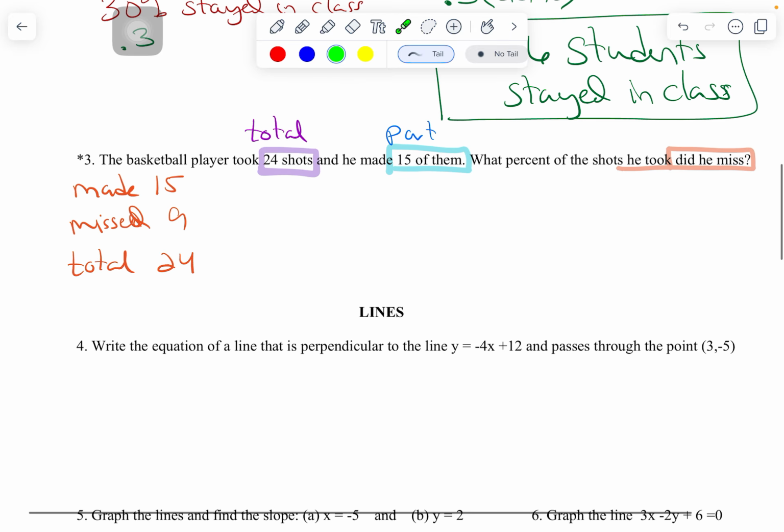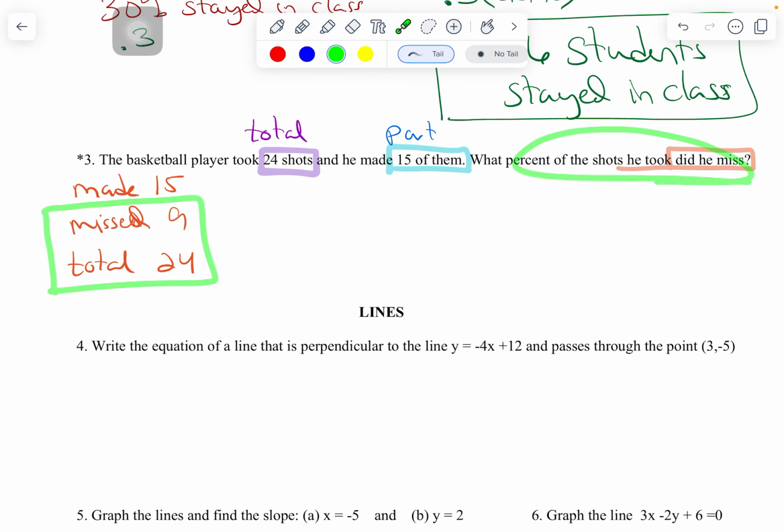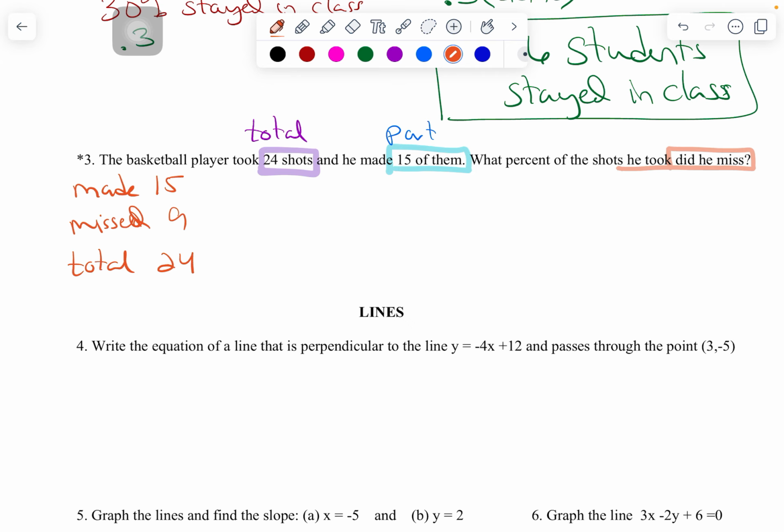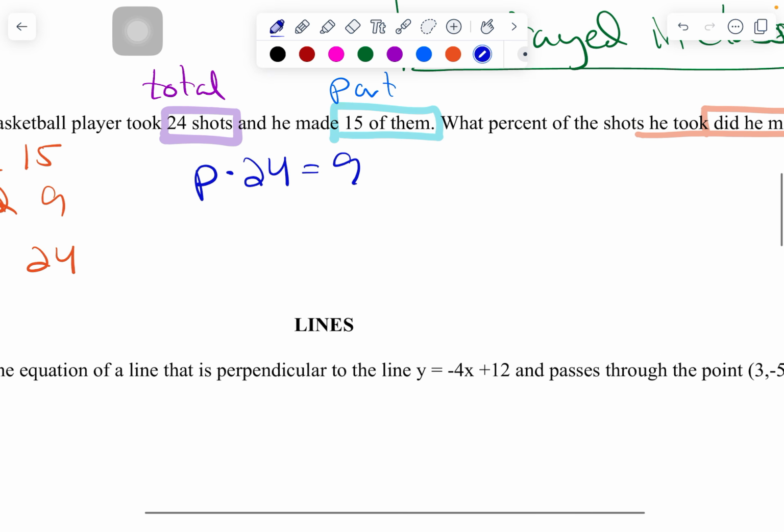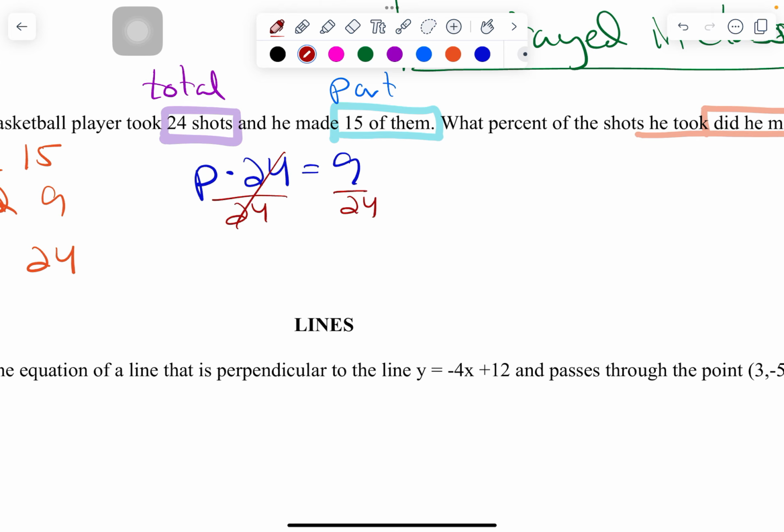So I'm going to set up using the number of missed shots because that's the percent I'm looking for. Percent times total, my total is 24, equals part. The part I'm looking for is 9. So I'm going to divide both sides by 24.